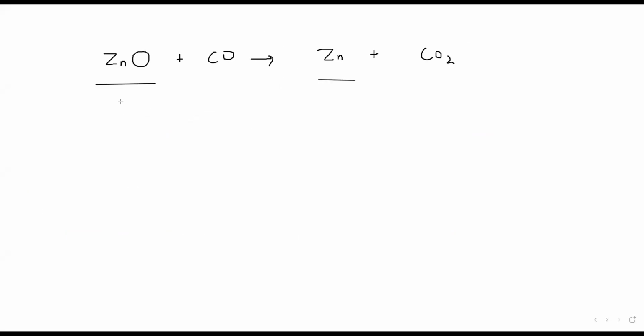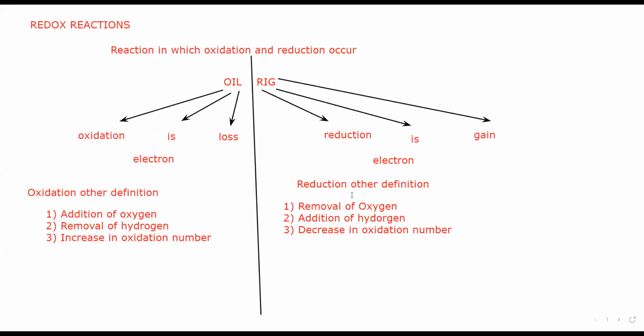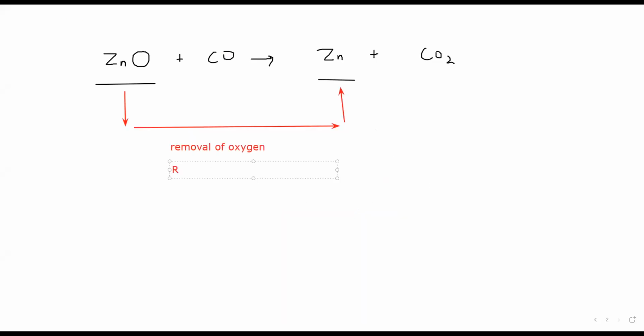Zinc oxide changes to zinc, so what happened? It is a removal of oxygen, which we call reduction. So this change is reduction.